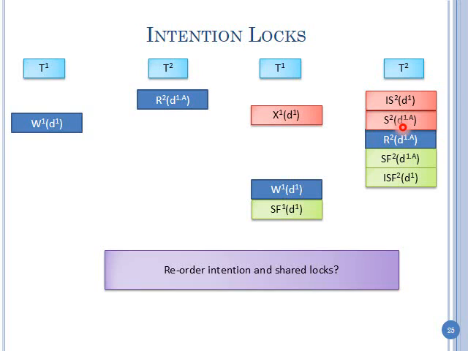I think we might have to do it the other way around, because if we do the intention shared lock first, then some other thread has an intention exclusive lock before we're able to do our regular shared lock.